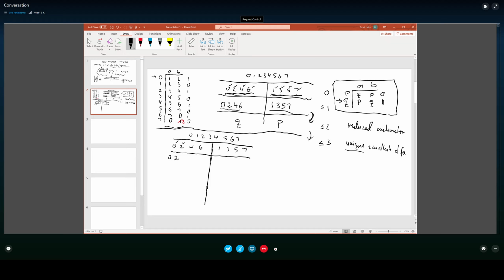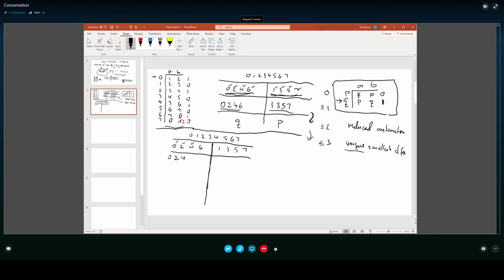Then I go 2 and 4. Under A is 3 and 5. They're together. Under B is 4 and 6. 4 and 6 are together, so I can't differentiate 4.